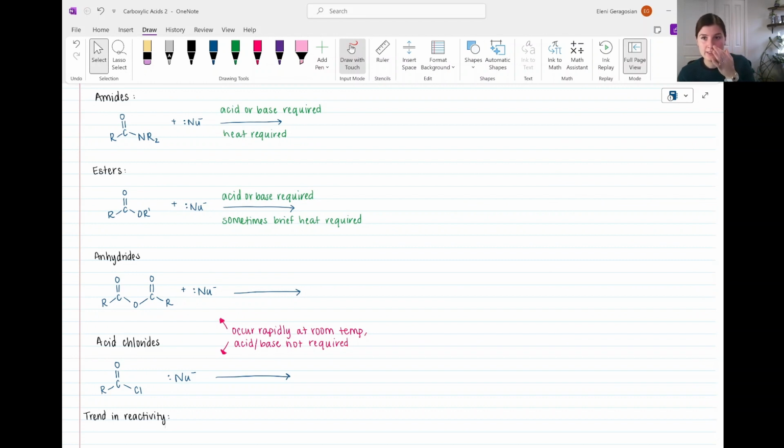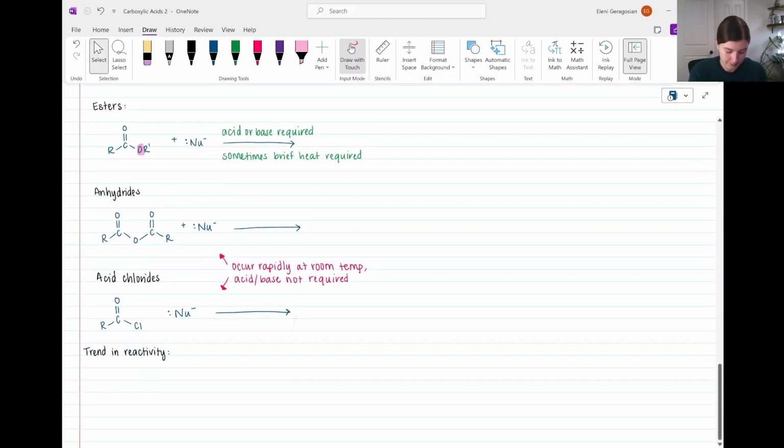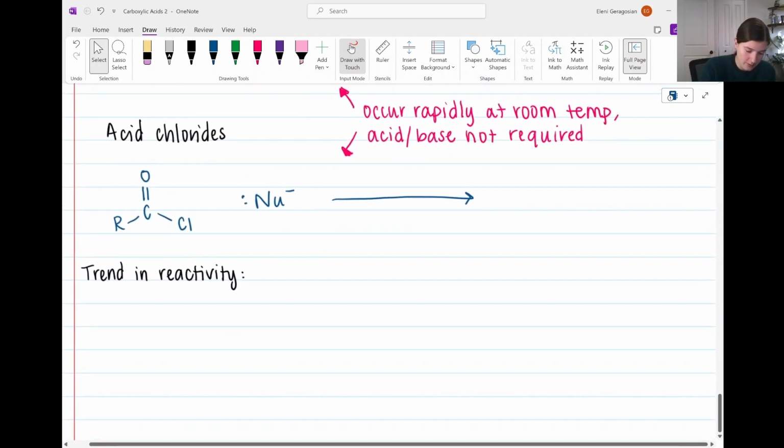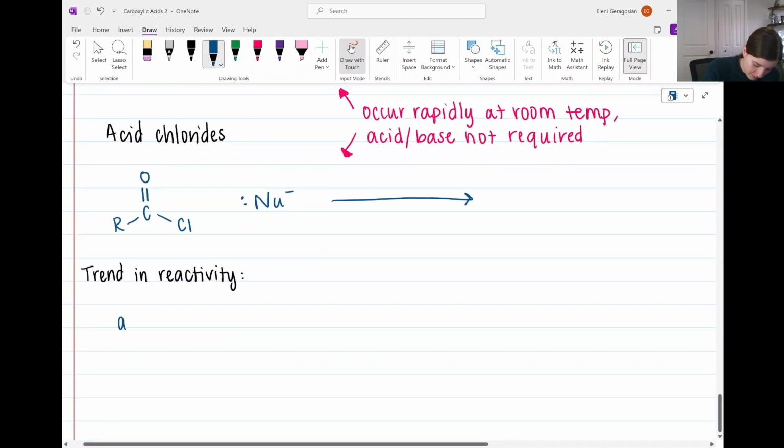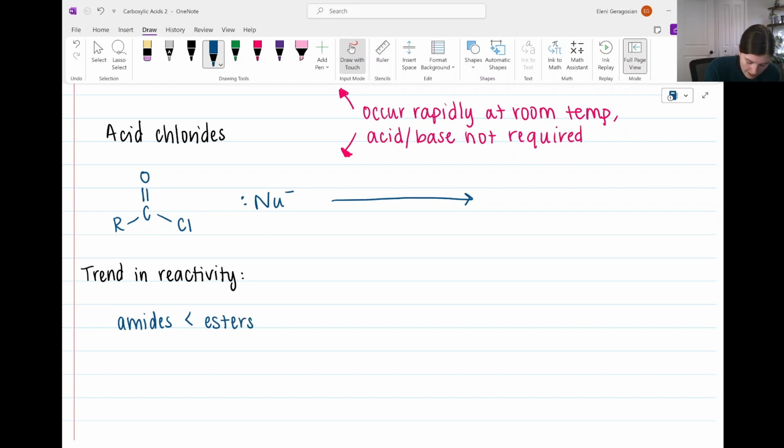Carboxylic acids have very similar reactivity to esters because carboxylic acids also have that oxygen bonded to that carbonyl carbon. And then anhydrides and acid chlorides are both more reactive than amides and esters. So our trend, we have amides are less reactive than esters. Esters are approximately equally reactive as carboxylic acids.